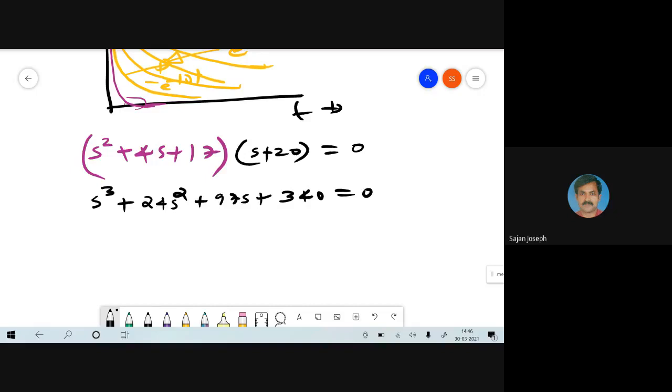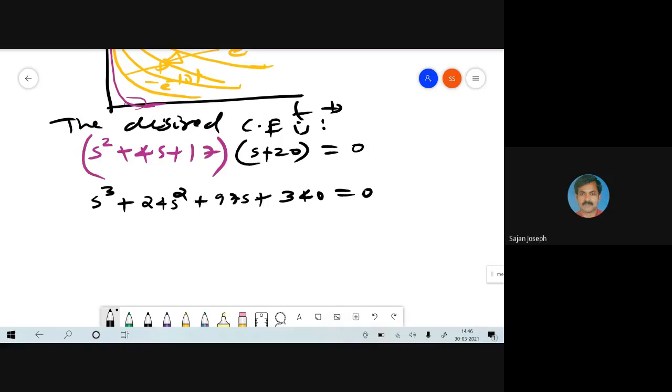This is the desired characteristic equation.